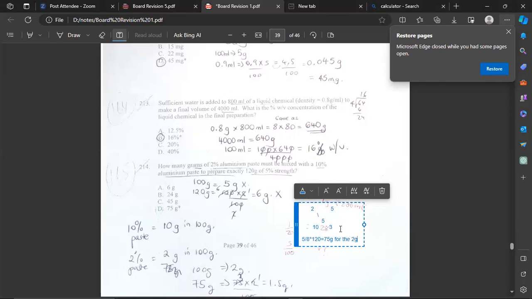For the 2%, you're taking this 5 and this 3. 5 plus 3, the total of them, it is 8. So for all of them, it will be divided by 8. So it will be 5 all over 8 and then 3 all over 8 times 120 both. Okay. That's the answer, 75 grams of the 2%.